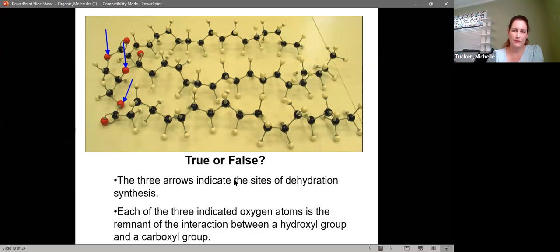The 3 arrows indicate the sites of dehydration synthesis. Okay, so that is going to be true. Each of the 3 indicated oxygen atoms is the remnant of the interaction between a hydroxyl group and a carboxyl group. Is also true, I believe.